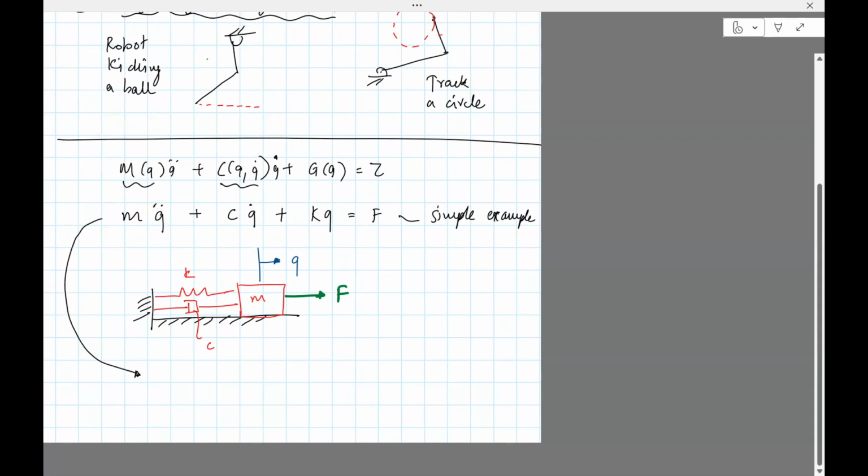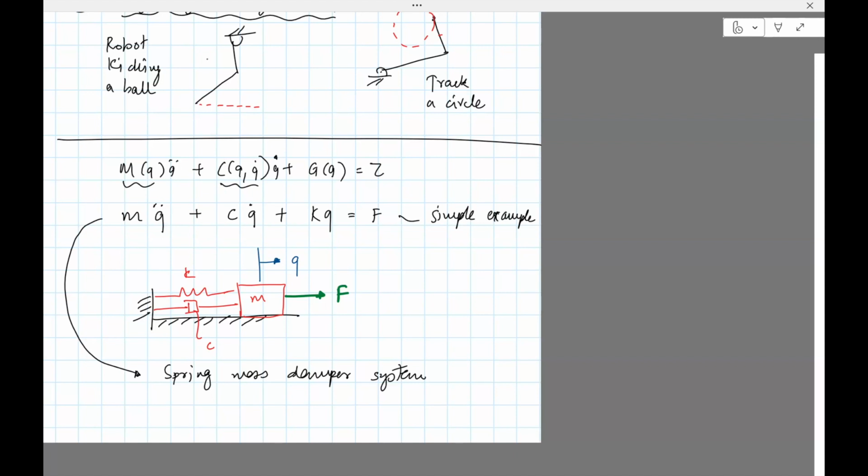This is the equation of a spring mass damper system. We'll build an intuition based on this system. You've probably seen this before, and then we'll go to the N-link manipulator based on this. What I'm going to do is move things around.